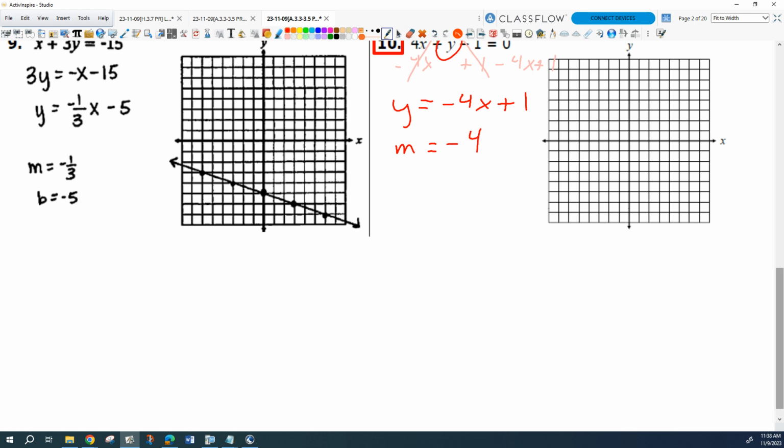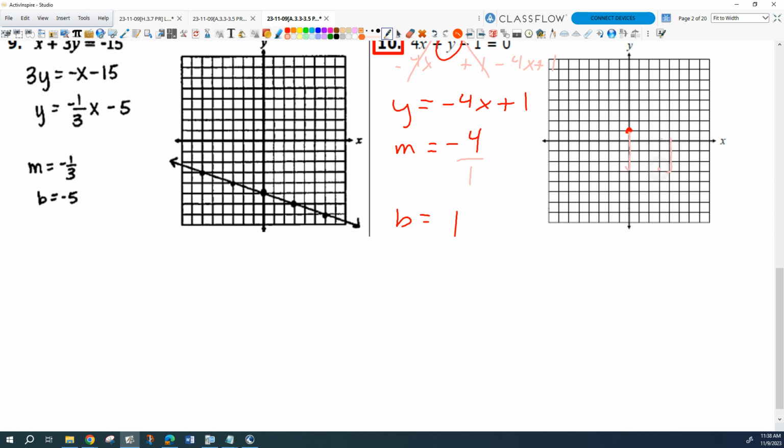Now, if I want to think about that as a fraction, what would the denominator be? Okay, good. 1. If there's no denominator, it's an implied 1, right? And that's useful because now it looks like a rise over a run. All right, what's my y-intercept? 1. Okay, so I know a point to start with. There's my anchor point that I'm starting with. I know a roadmap. What's my roadmap telling me I'm going to do to get to the next point?